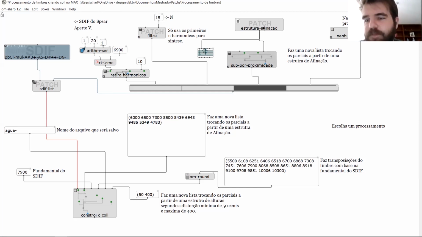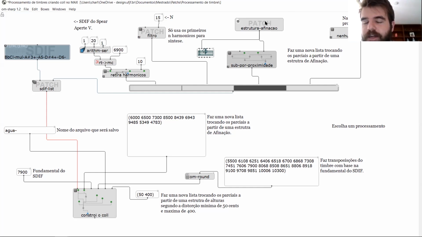This is an idea that some people are using. The guy that developed this talked about it in his PhD thesis. So it's of course inspired by this idea of constructing new timbres or new samples by changing all the partials by tuning systems.